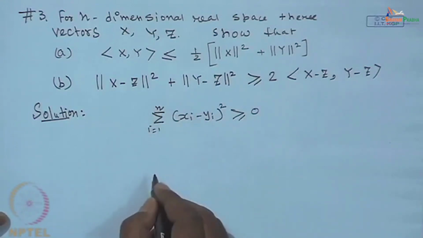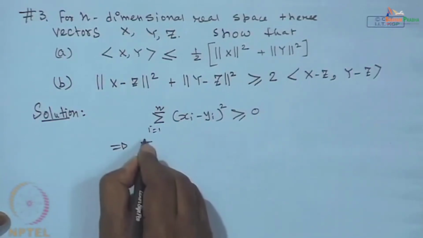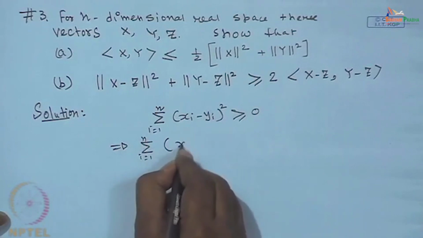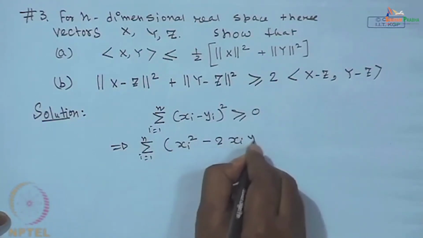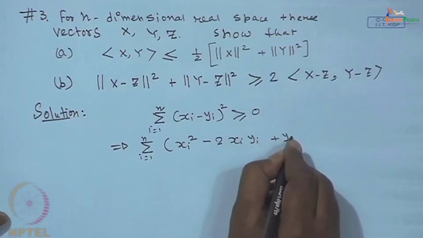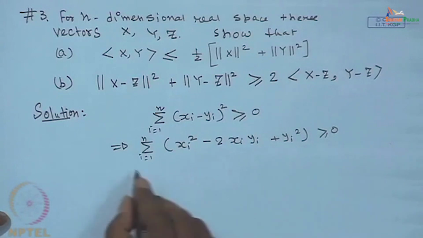So, just open up this square. If you open up this square, then what you will get is x_i square minus 2 x_i y_i plus y_i square, which will be greater than or equal to 0.